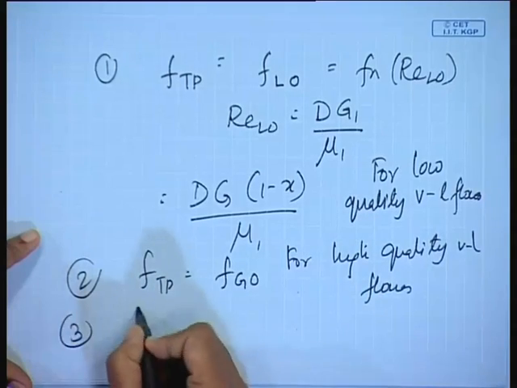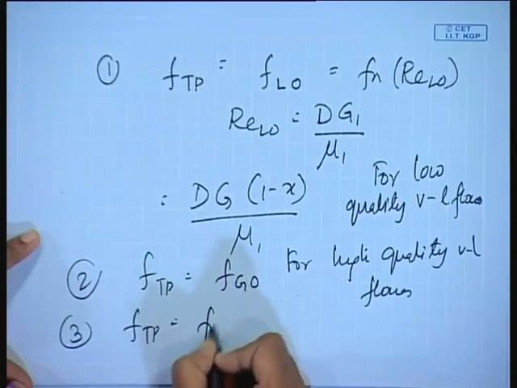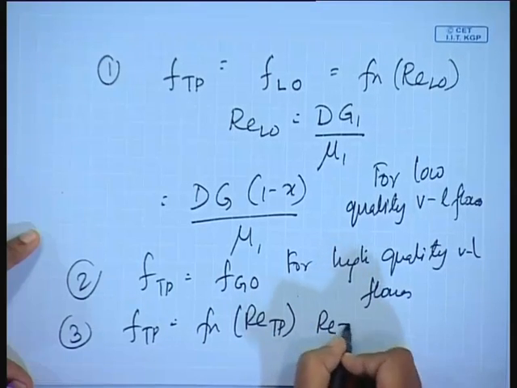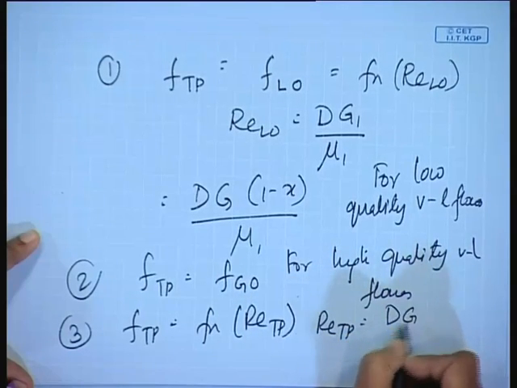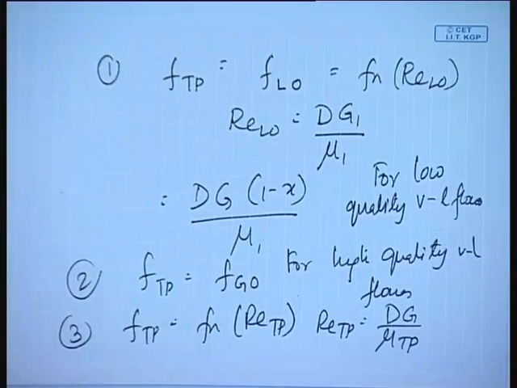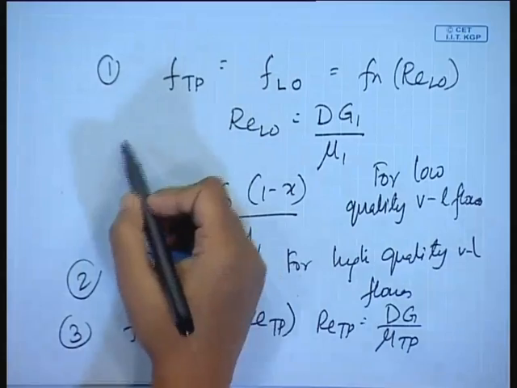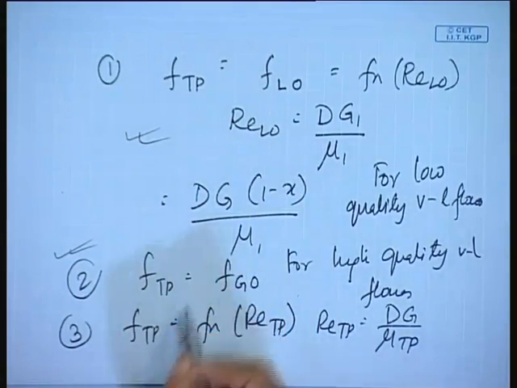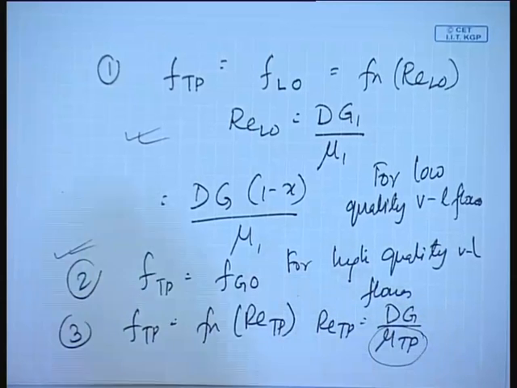And the third is FTP as a function of Reynolds number, where Reynolds number is DG by mu TP. These are the three ways by which we can define it, and we find there are problems with them: the first two are for very idealized situations, and for the third the problem is to define mu TP. So, in the next class we will be discussing different ways of deriving mu TP.